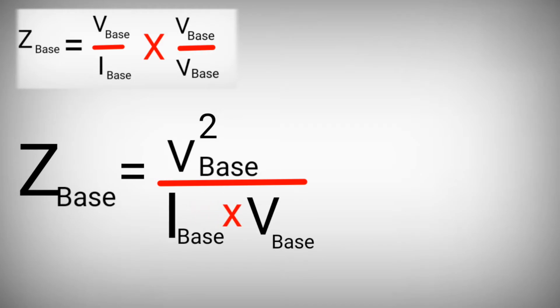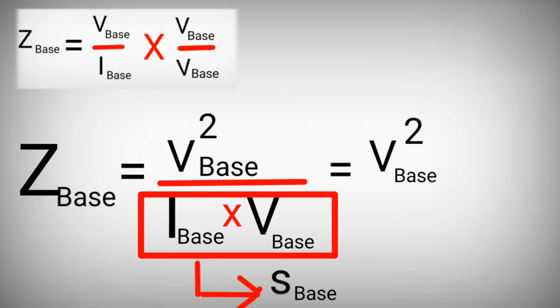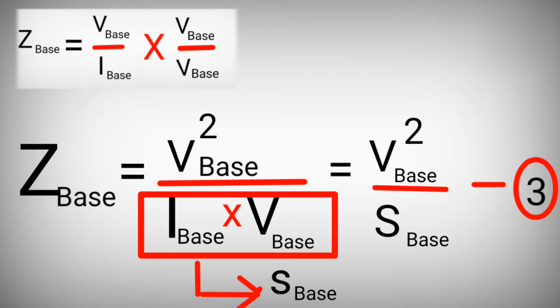Already we concluded that in the first expression, I base into V base is the S base. I am substituting this S base value here and the term becomes V base square by S base. Number it as expression number 3.